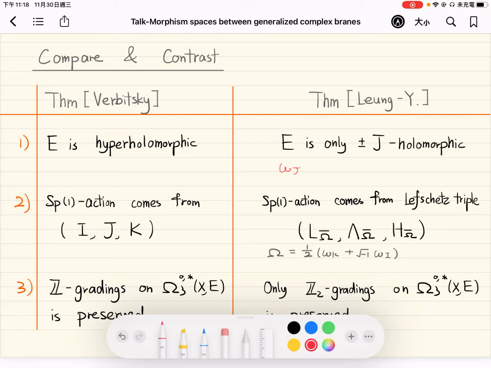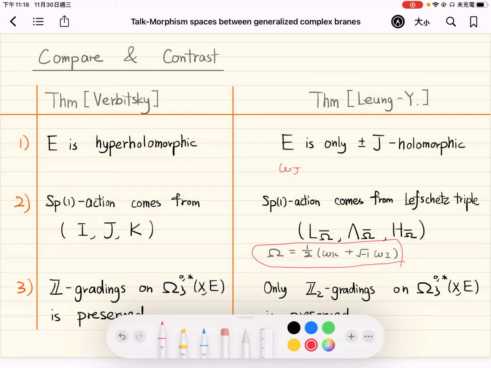The second difference is that the SP1 action in the theorem of Verbitsky really comes from the hyperkähler structure IJK. But our SP1 action comes from another triple, which is the left triple of the holomorphic symplectic form with respect to J. This one, the capital omega, is defined by the half of omega K and omega I.